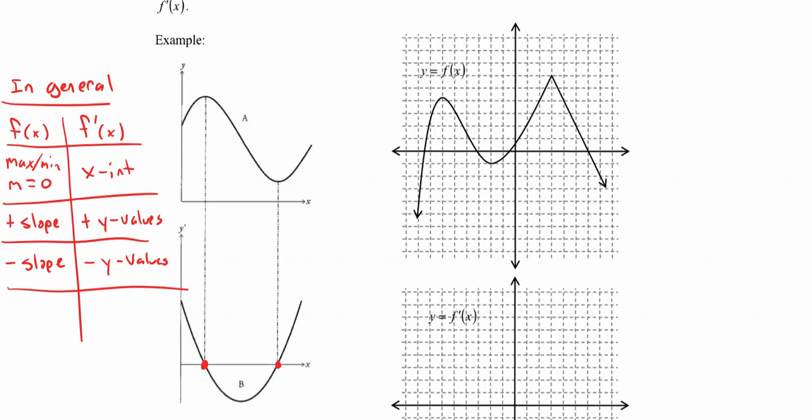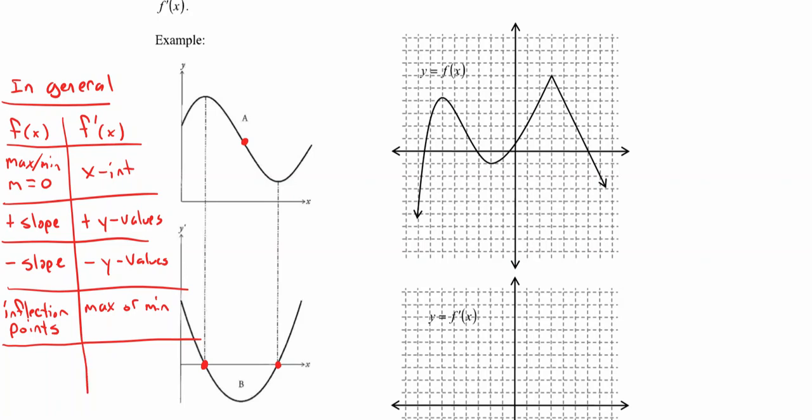Okay, any inflection points? An inflection point was this. It's where it changes from going down to all of a sudden curving back up again. So that would be somewhere in the middle. We'll talk more about this later, but this would be either a max or a min on the derivative.